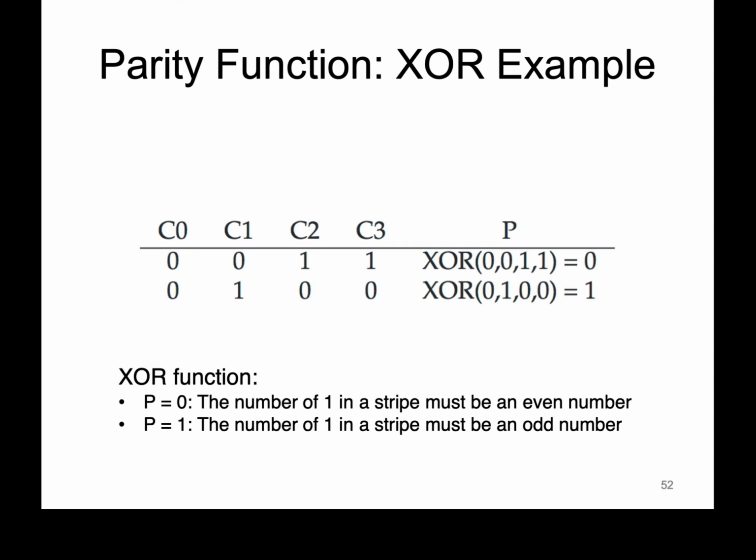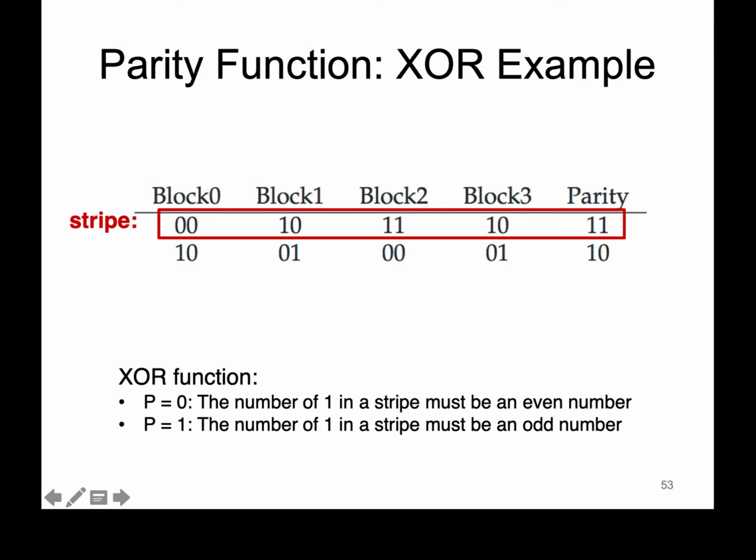But if, on the other hand, the total number of 1s in a stripe is an odd number, you get a parity value of 1. So if you take a look at this modified example using exclusive OR as the calculator, this is how it looks within a single stripe, right?